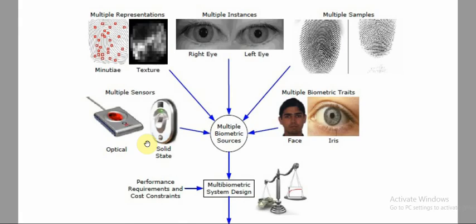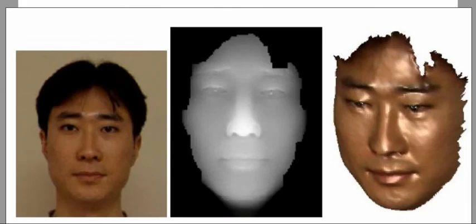In a multi-sensor system, a single biometric trait is captured using multiple sensors in order to extract diverse information. For example, a system may capture two-dimensional texture content of a person's face using a simple CCD camera, and also capture a three-dimensional surface shape by using a range sensor in order to perform authentication.